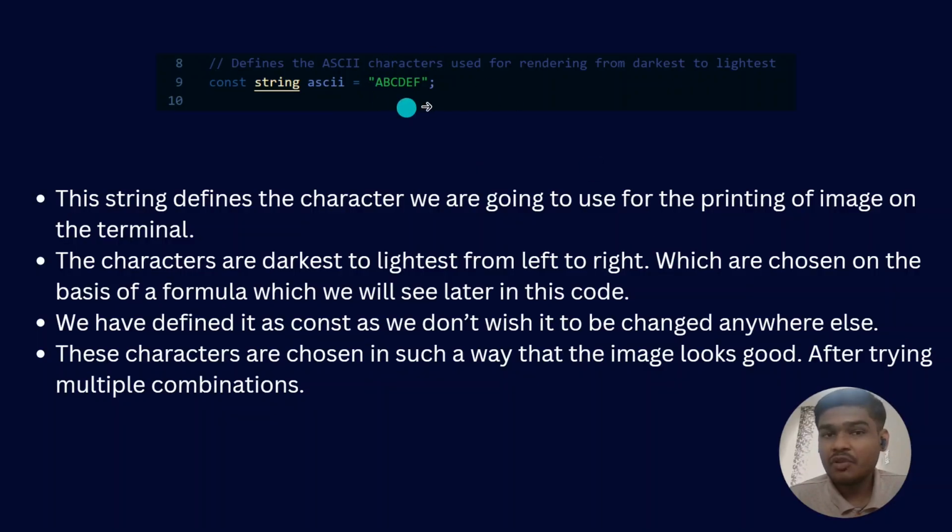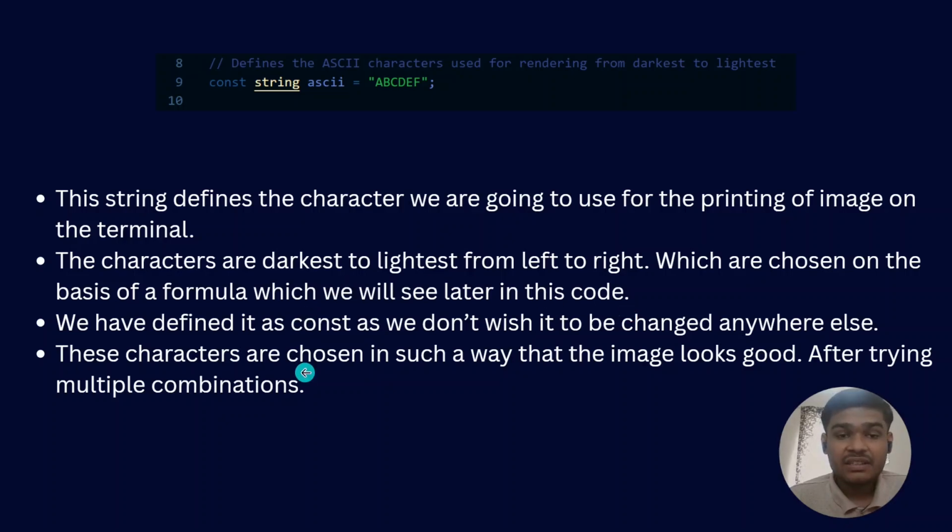Like we are not randomly choosing these characters. We have defined a particular formula for calculating the brightness, which is again backed by some scientific efforts. So we'll see that ahead. And here, the main thing to notice is that we have defined the string as const, as we don't wish to change it anywhere else in the code.